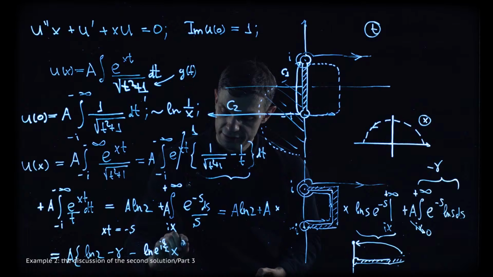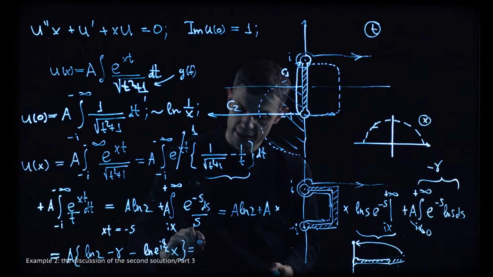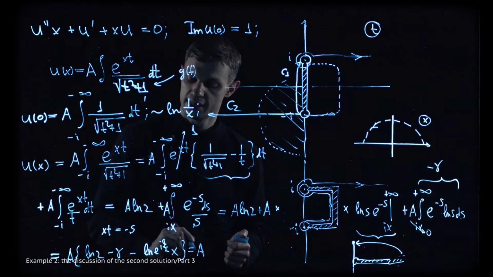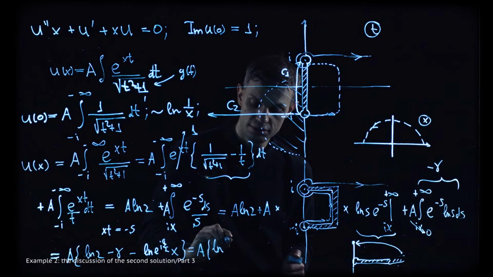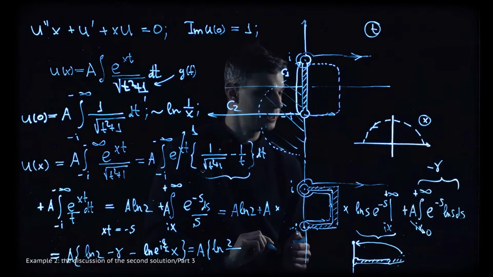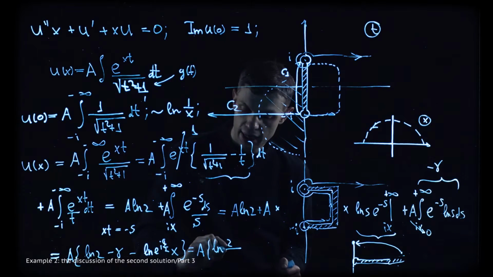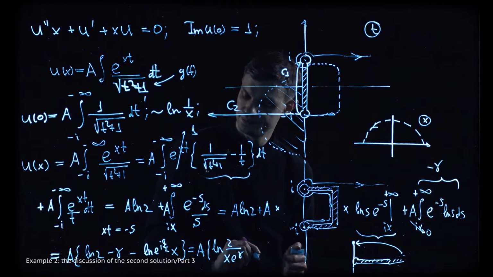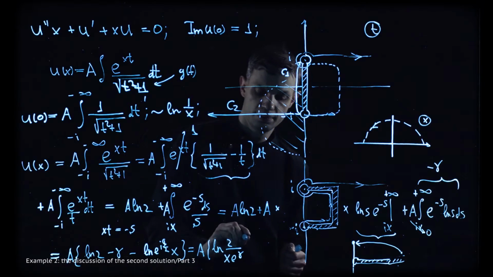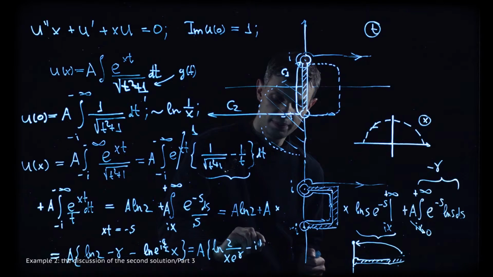And finally we get the answer. Our answer is the logarithm of 2 divided by x times e to gamma, and minus i pi by 2.